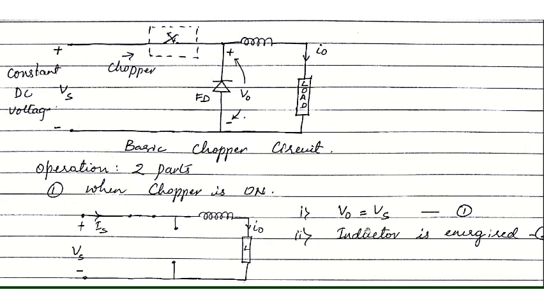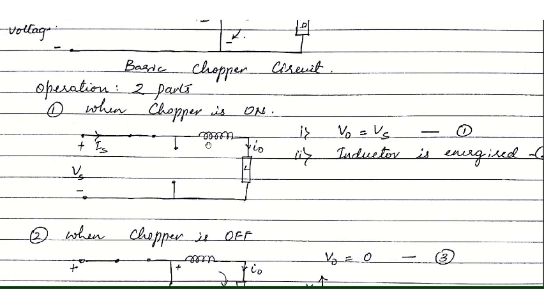That is the first point we have to note: when the chopper is on, the voltage across these points will be equal to Vs, the constant DC voltage you have applied. The second point to note is that the inductor, connected in series with the load, is getting energized when the chopper is on.